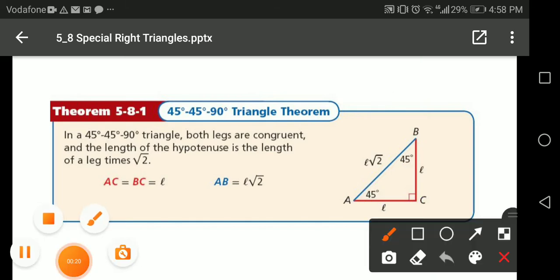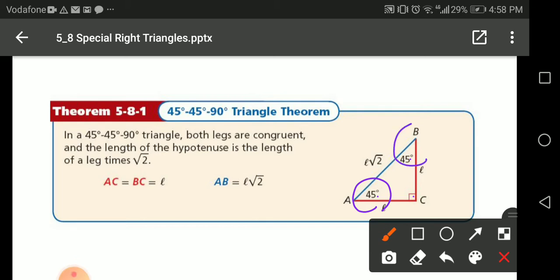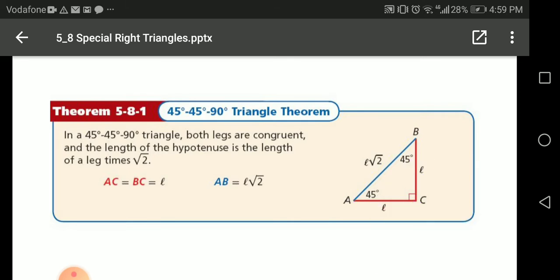So if we have a right triangle with one angle 45, the other angle 45, and the third one 90 degrees, then the legs of the triangle are equal.